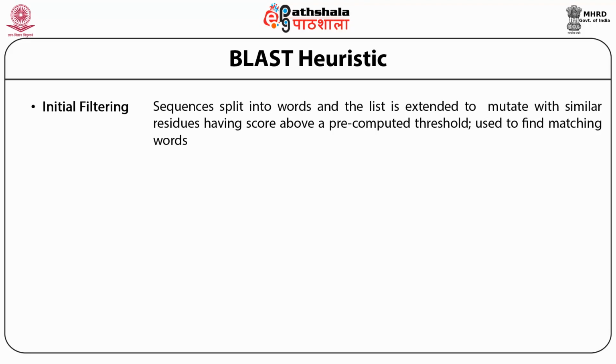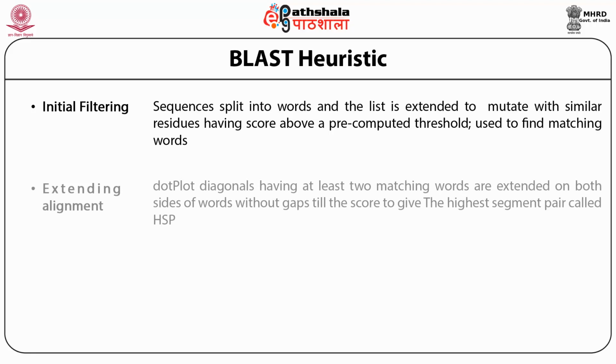During initial filtering, the word list is extended to include all the words with allowed mutations to detect similarities. For matching diagonals, counting of score is done using the given matrix. The diagonals are not joined but extended in both directions.